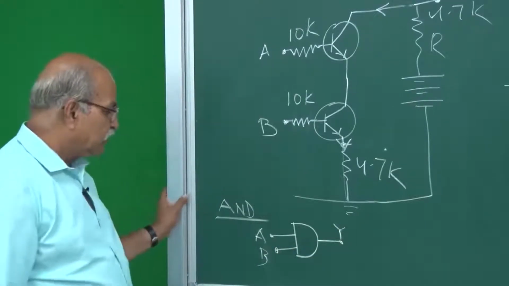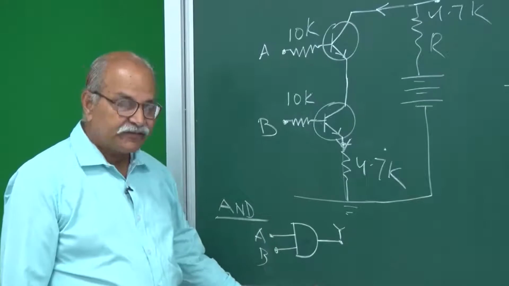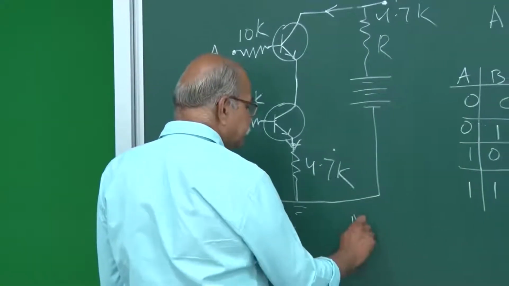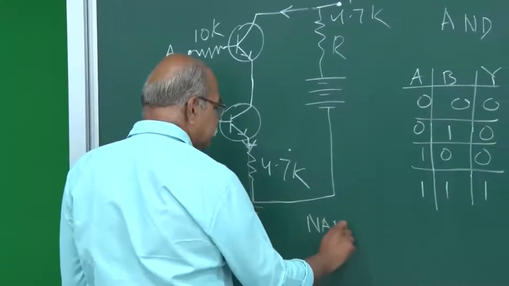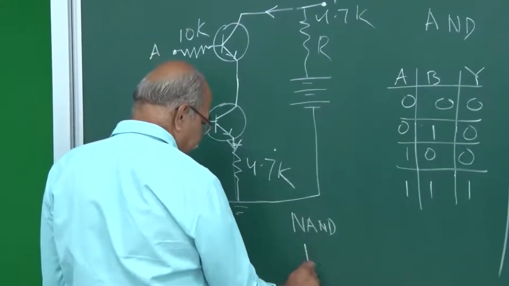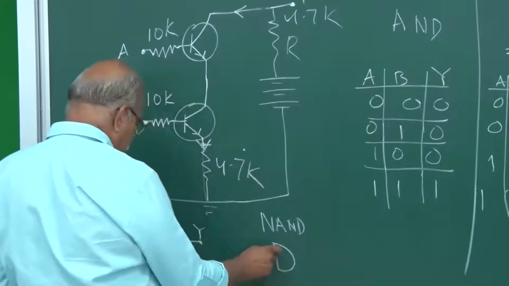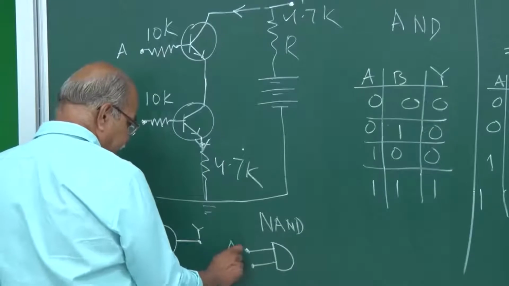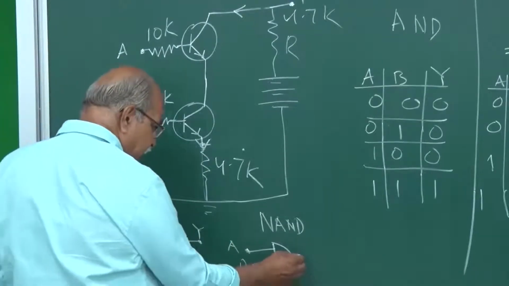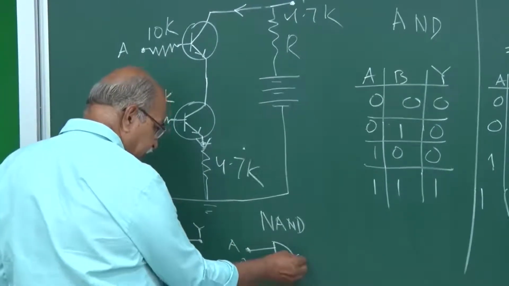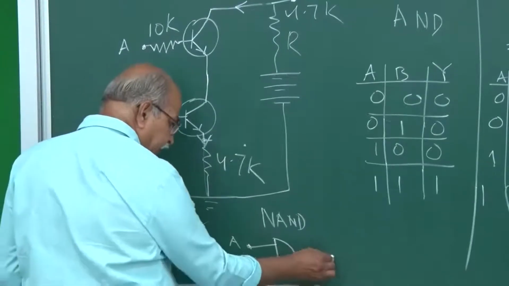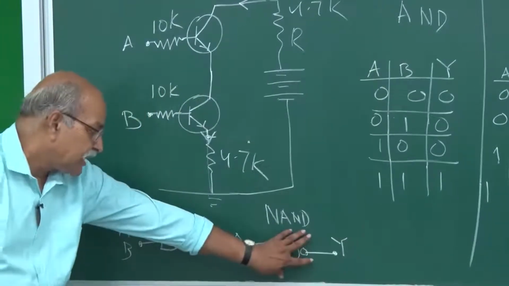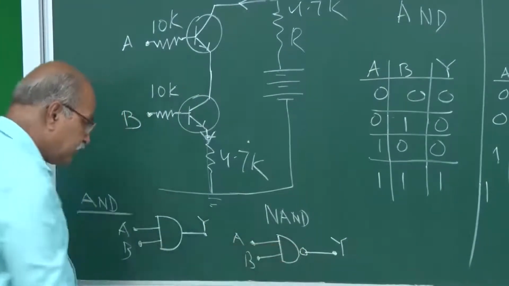So that is the symbol for AND gate. And for NAND gate the symbol is, you again make that D, you again put two lines to show the input points A and B, and then you put a circle out here, and then you take a line, and this is the output point. So this is the symbol for NAND, and this is the symbol for AND.